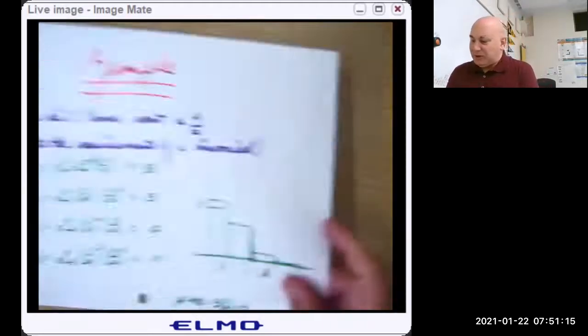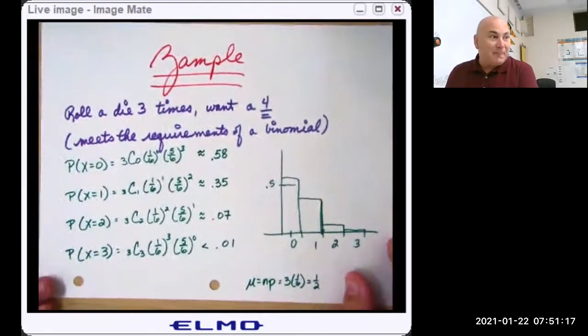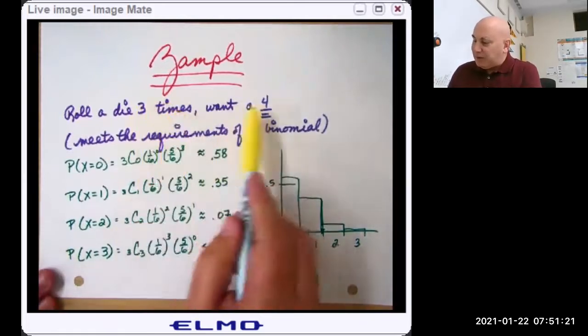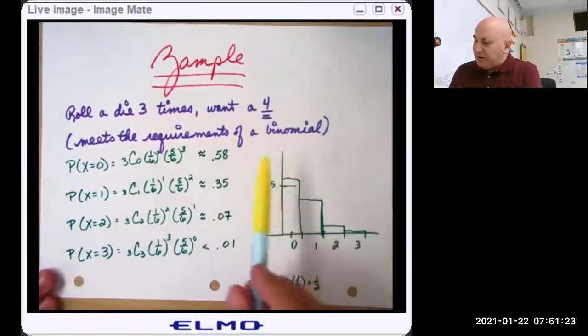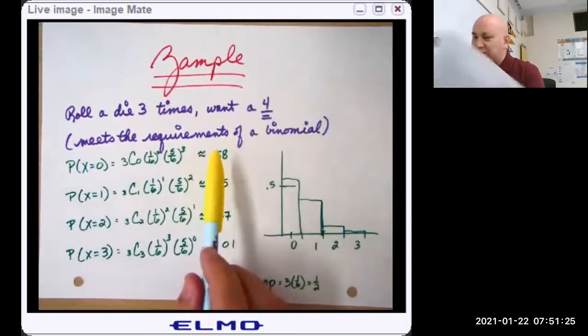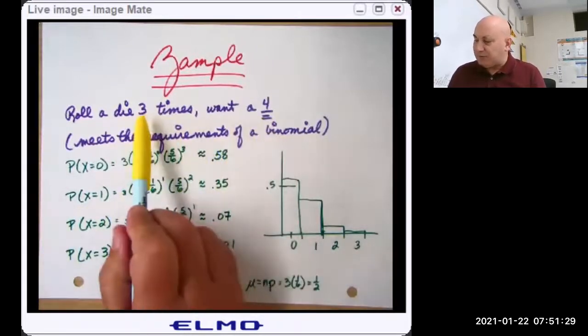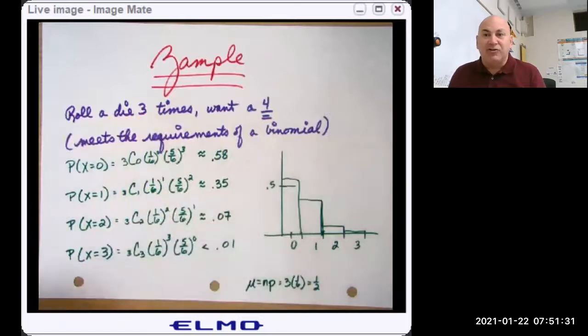Another example of a binomial experiment is rolling a die. If we roll a die 3 times and we want to get a 4, let's see that it meets the requirements of a binomial. There are a fixed number of independent trials. There are 3, and each die roll is independent. There are 2 outcomes, success and failure.